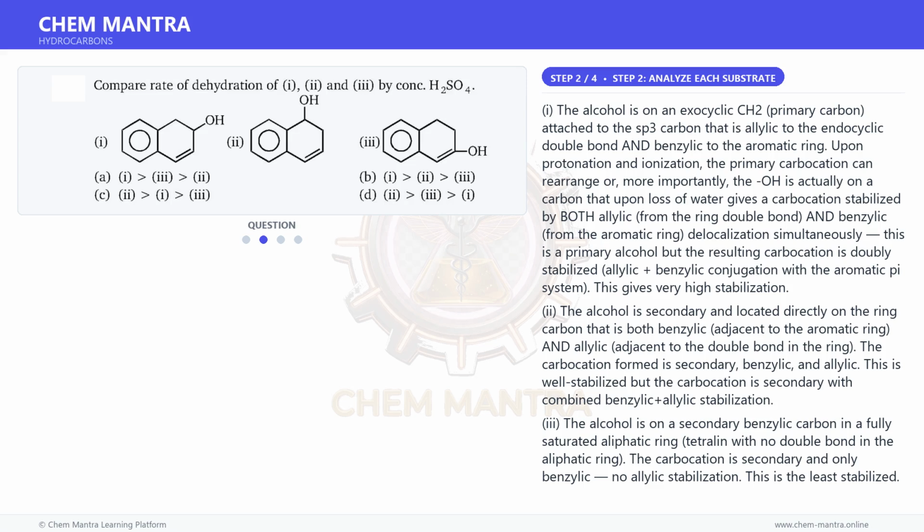1. The alcohol is on an exocyclic CH2 primary carbon attached to the sp3 carbon that is allylic to the endocyclic double bond and benzylic to the aromatic ring.